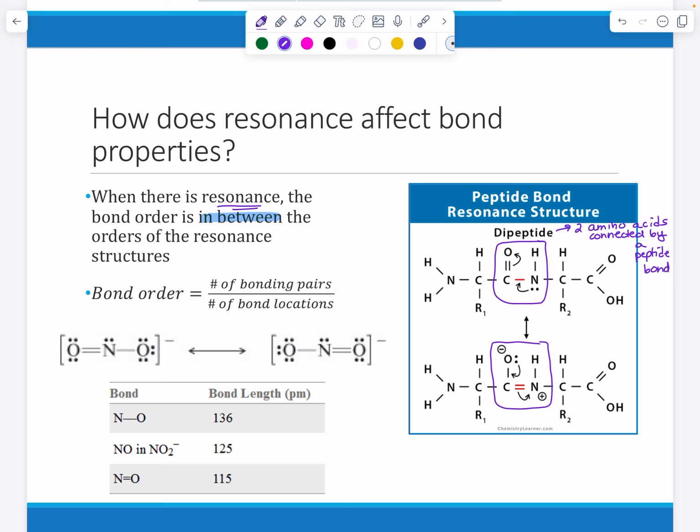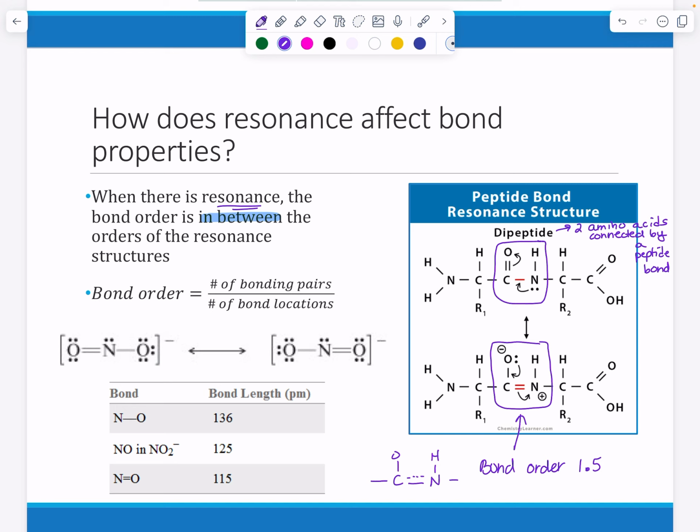I've circled the bond that is in question. And these are our 2 possible resonance structures, where one has a single bond between the carbon and the nitrogen and the other has a double bond. So in this case, the bond order of the peptide bond is what we would call 1.5. And we could represent that by showing a dotted line as the second line between the carbon and the nitrogen that are there.